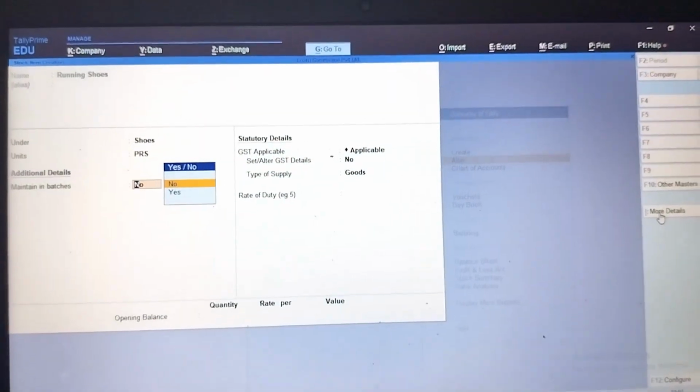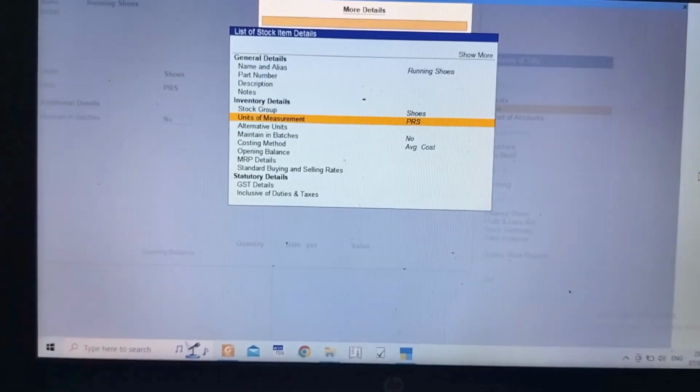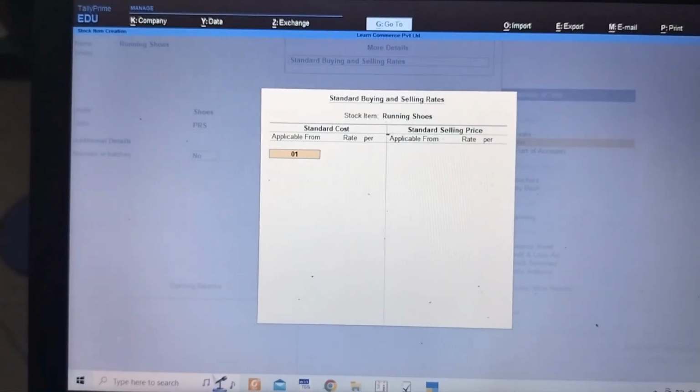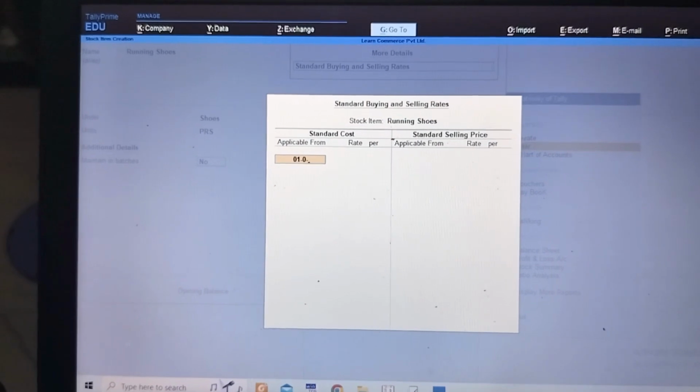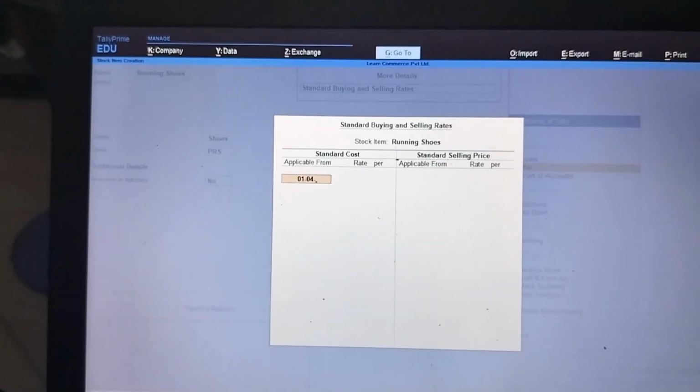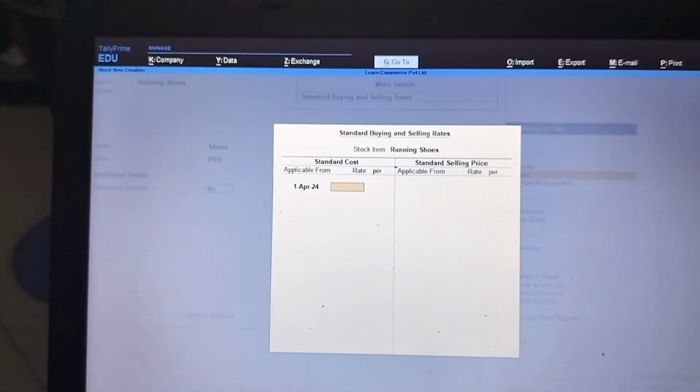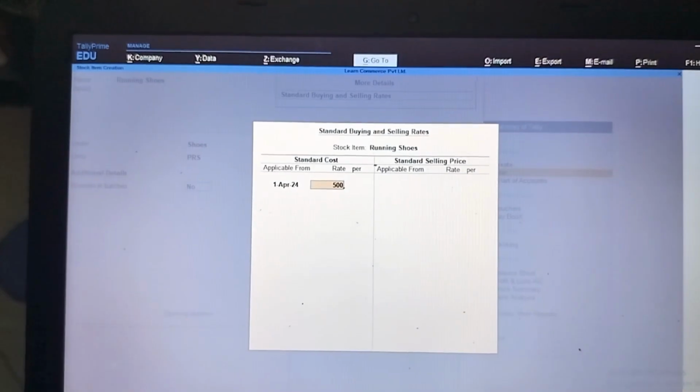Here we will be setting the rates, standard rates. This is our cost.